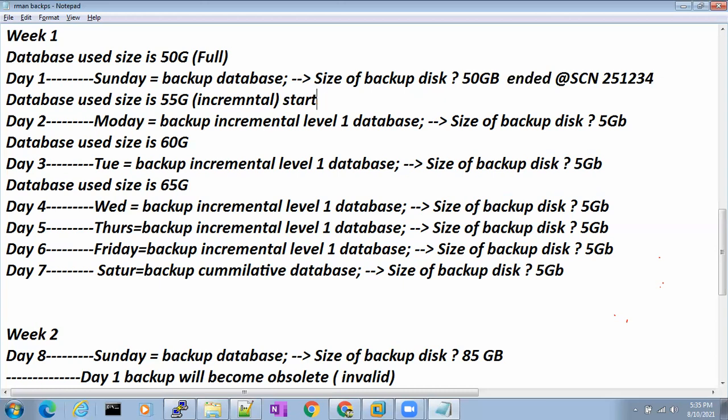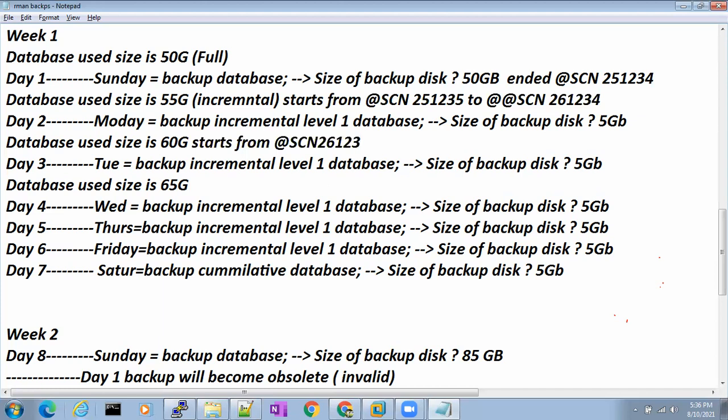It starts taking backup from 26,123,4. Now what happens next? It starts from SCN 1, 2, 3, 5.